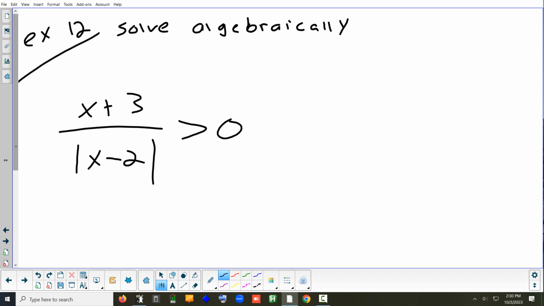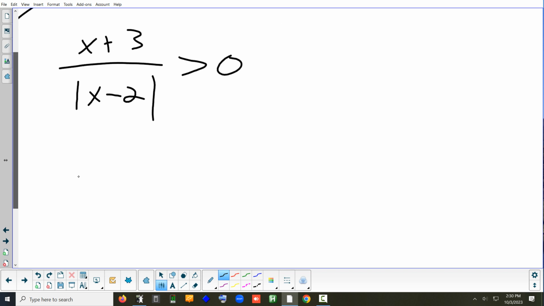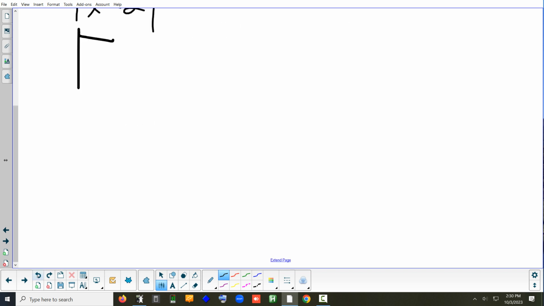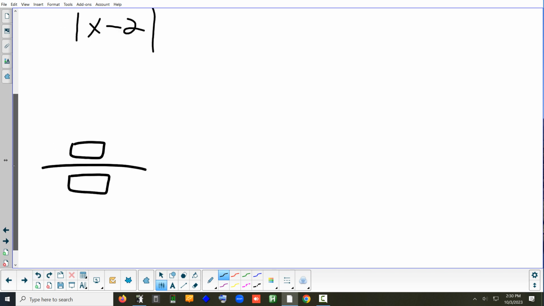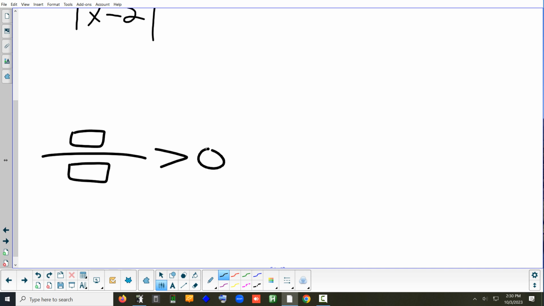Well, that's a fraction on the left-hand side. Don't even look at the actual values. Pretend this was your fraction. So you have something divided by something is greater than 0. How can you divide two things and have it be bigger than 0?